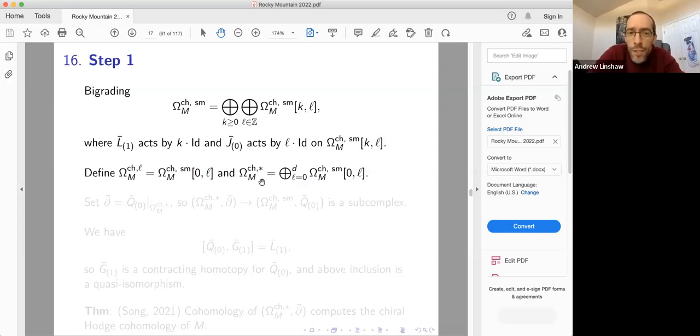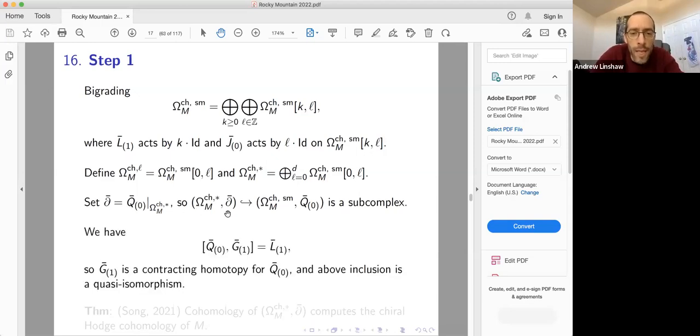That's Omega chiral star. Let me define the del bar operator, Q bar 0, to be Q bar 0 restricted to the subcomplex. So this is a subcomplex with respect to this Q bar 0. The same calculation that I mentioned earlier says that Q bar 0 bracket G bar 1 is L1 bar, so this also is a contracting homotopy.